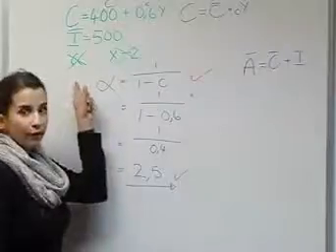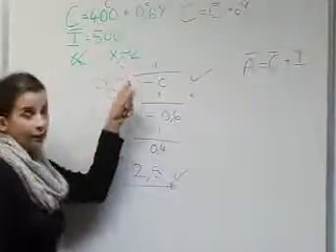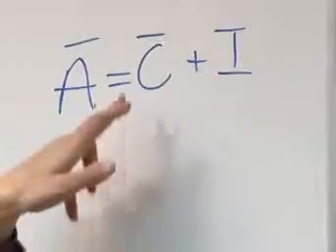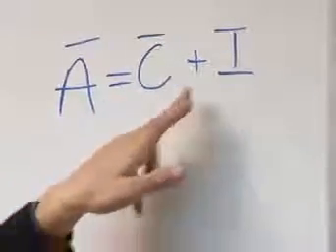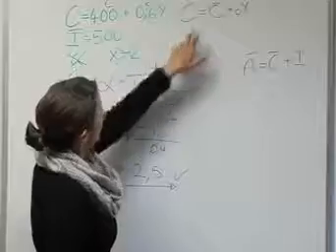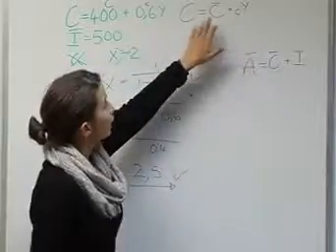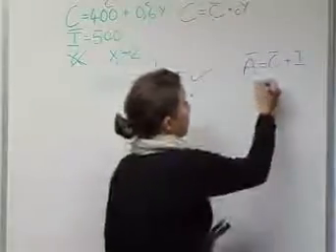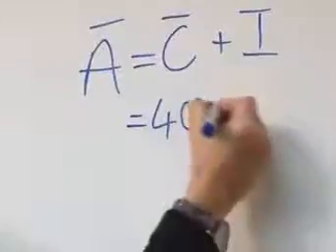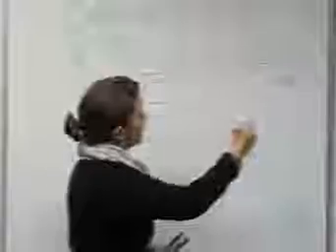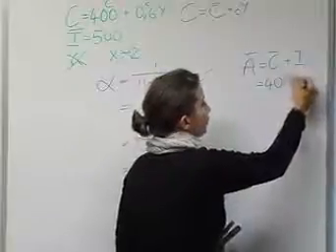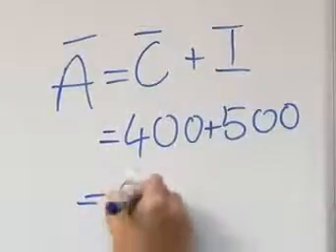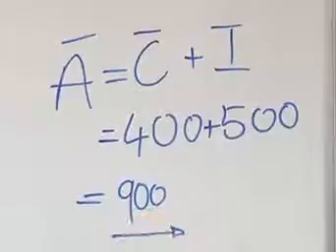But again, we don't have a government in this question. We have no foreign sector. So that's why autonomous spending is equal to the autonomous consumption plus investment. Because I knew my consumption function, I know autonomous consumption is equal to 400. And I know investment is equal to 500. So my autonomous spending is equal to 900.